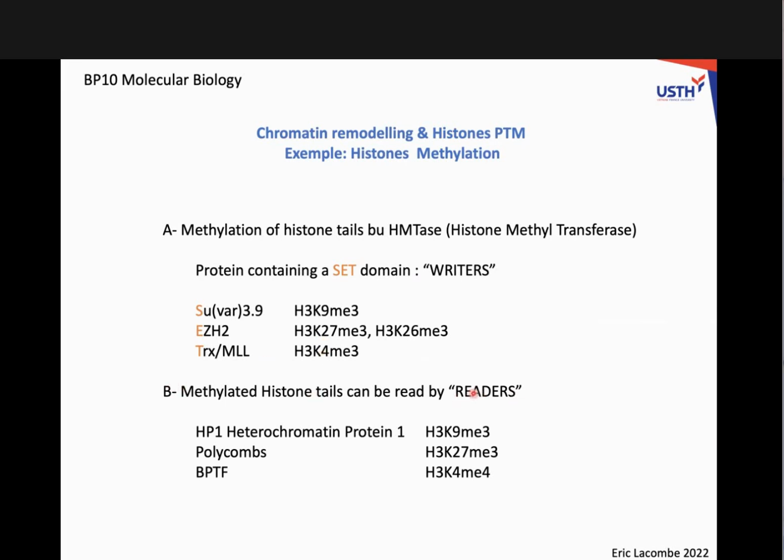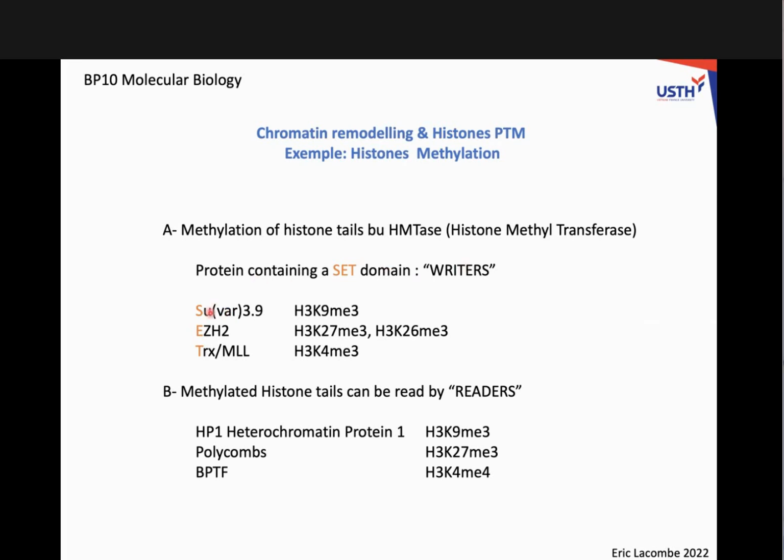And then there are readers, exactly as before. Readers are proteins that can recognize these specific marks. For example, HP1, I'm just going to talk to you about HP1. HP1 means heterochromatin protein 1. HP1 is going to interact with histone H3 only when the lysine at position 9 is methylated. Let's say there is a writer, which we're going to talk about later on.